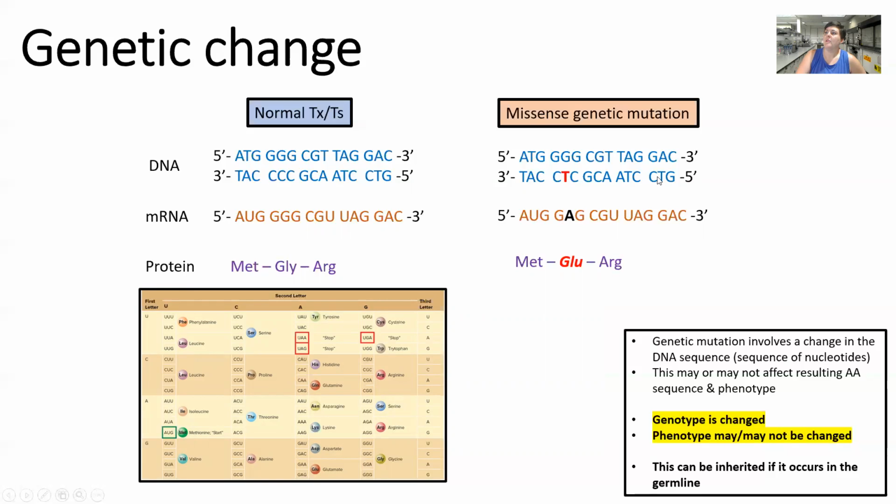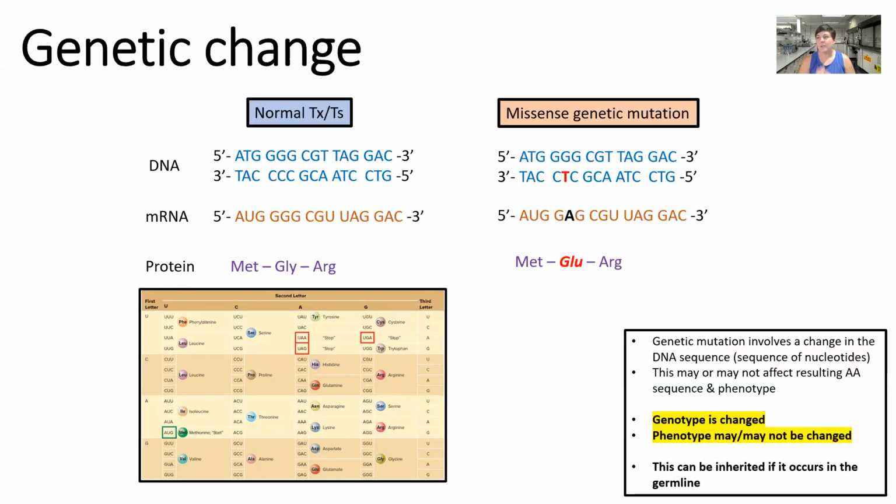What that means is when we used complementary base pairing to create mRNA, our mRNA sequence was different. You can see AUG was not changed. We still have our methionine. But the second codon was changed from GGG, which coded for glycine, to GAG, which codes for glutamate. So this did change our amino acid sequence. With genetic mutation, you're changing genotype, and this does sometimes change your phenotype.